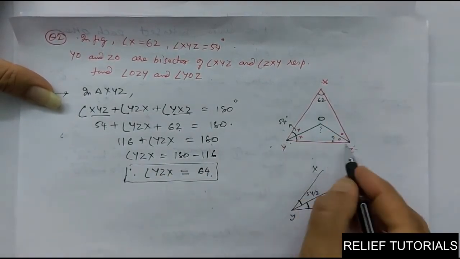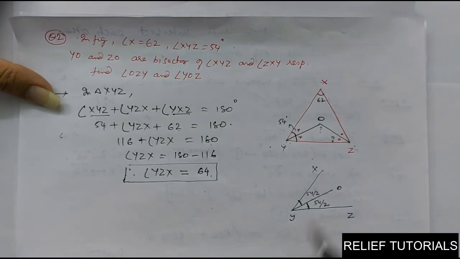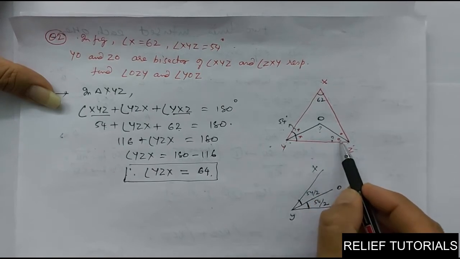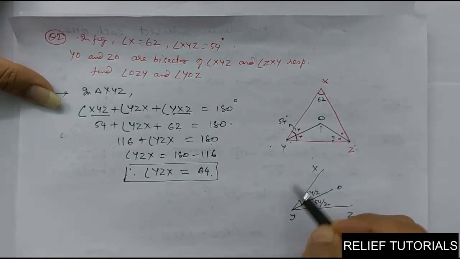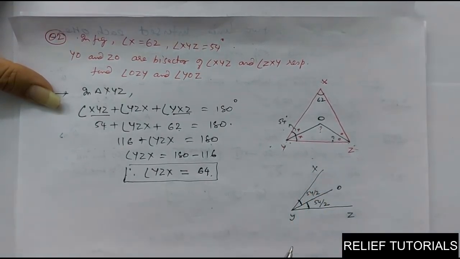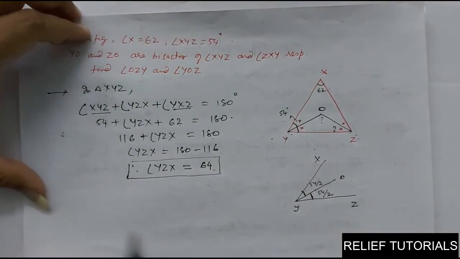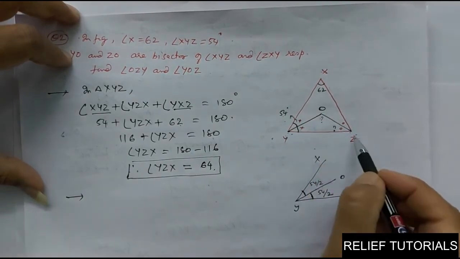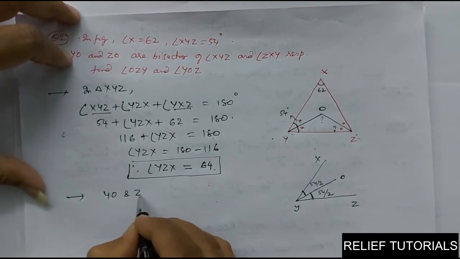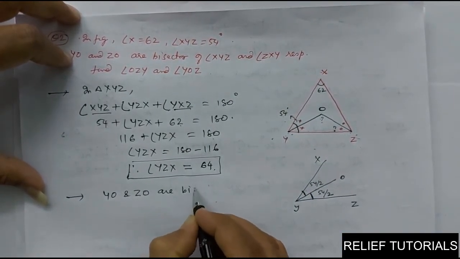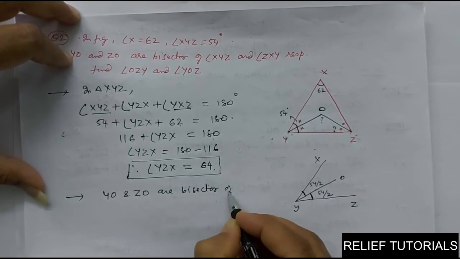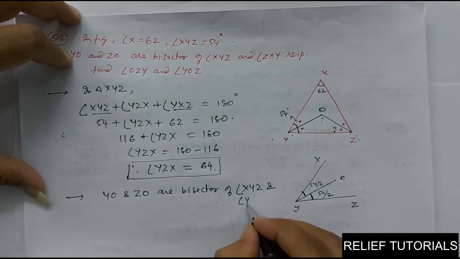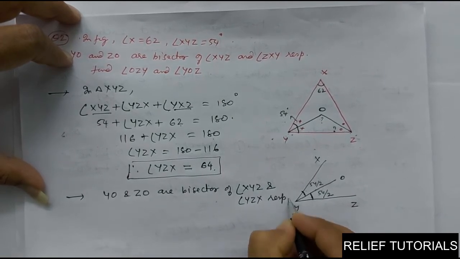So we got YZX, the third angle of the triangle. Now we have all three angles of the triangle. Now we will concentrate on the small triangle, because we have to find two angles of this triangle. If we have any two, we can find the third. Now it is given that YO and ZO are bisectors of angle XYZ and angle YZX respectively.